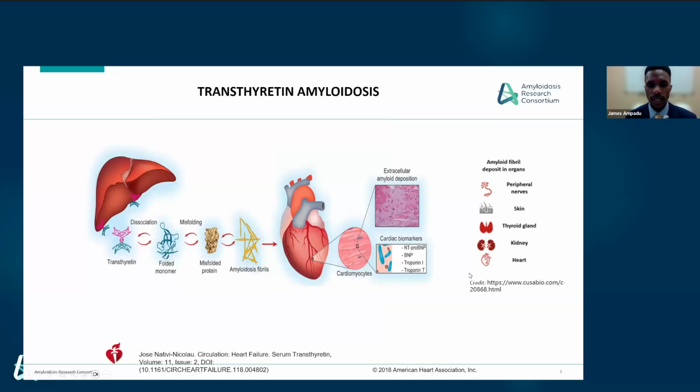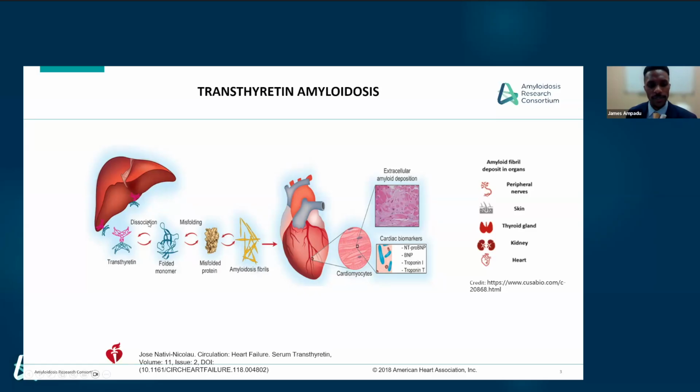So we want to take a step back and talk about the pathophysiology of transthyretin amyloidosis. So how does this process happen? As we said, majority of transthyretin is made in the liver, actually greater than 95%. So transthyretin is seen here as a tetramer. So you have 4 subunits together. And the pathology happens when this subunit dissociates into single subunits, which we call monomers.